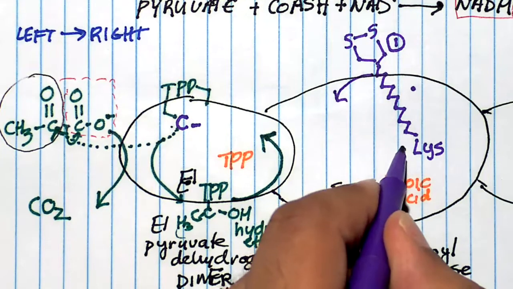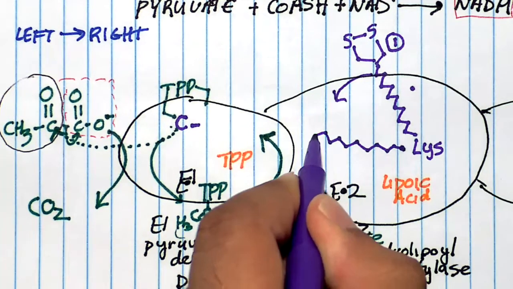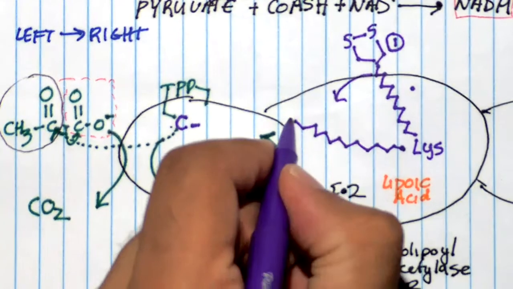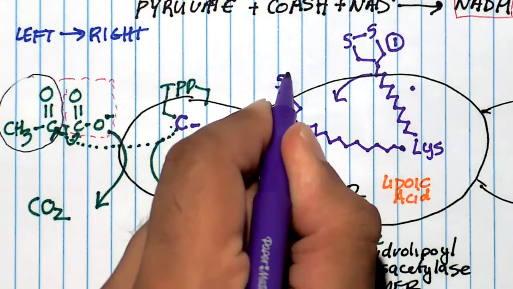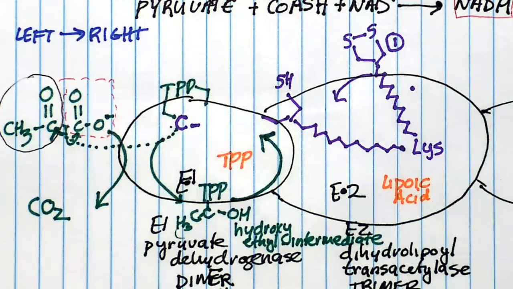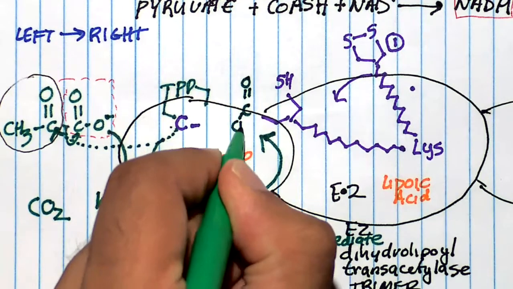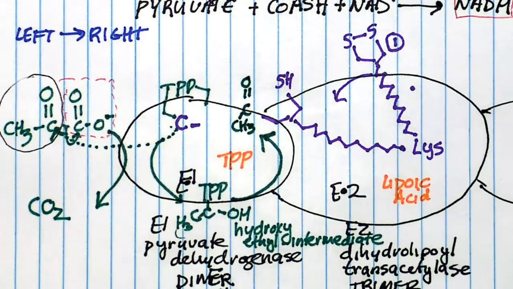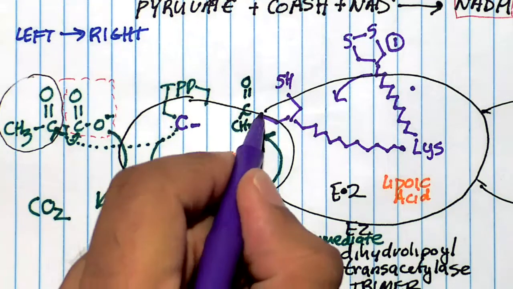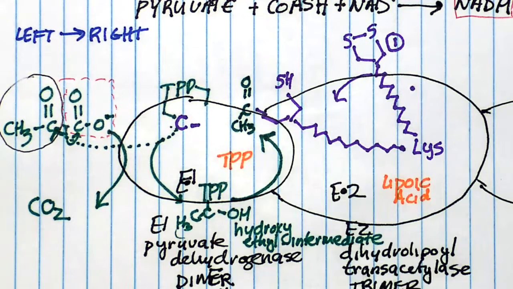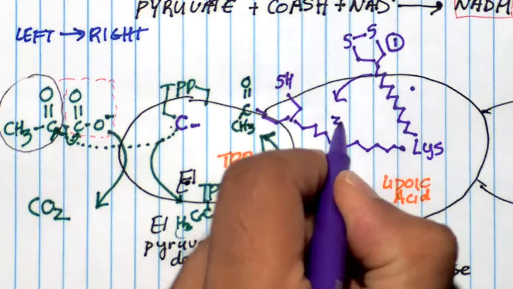And now, attached to this lysine is this lipoic acid long tether, but now you have an SH group, and now you also have the acetyl group. Now the acetyl group is attached to one of the ends of the lipoic acid, lipoyl lysine intermediate. So this would be form 2.